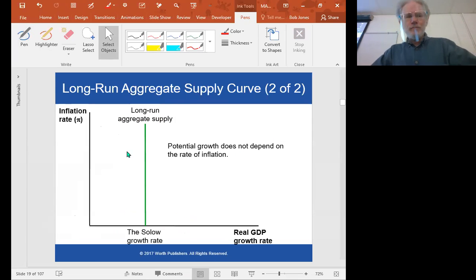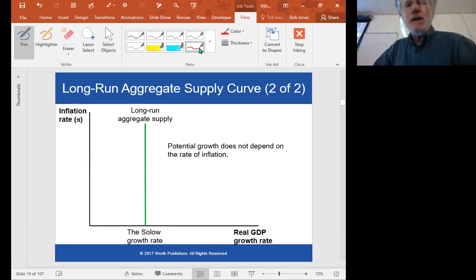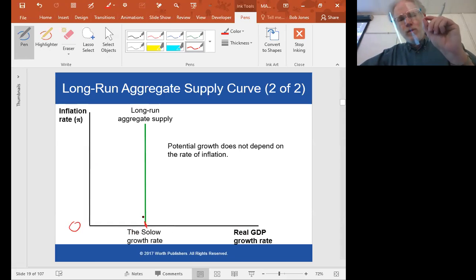So our long-run aggregate supply curve really is pretty simple. That vertical curve is just saying the rate at which real GDP can grow is totally independent of the inflation rate. Okay? It's saying there's no relationship at all. If the inflation rate is 0%, then we're going to be here and we will be at the Solow growth rate. We have generally assumed that that's about 3%.